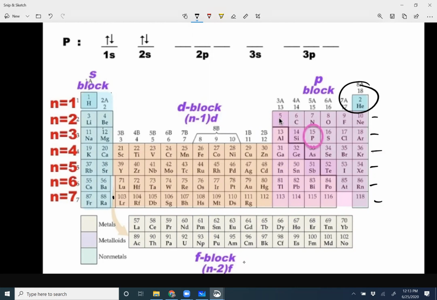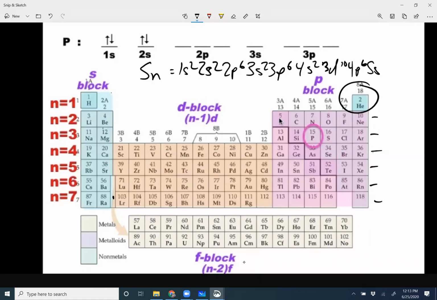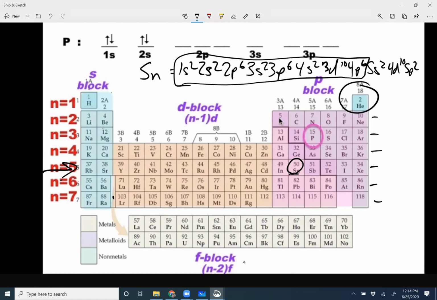So if we wanted to write tin, rather than writing 1s2, 2s2, 2p6, 3s2, 3p6, 4s2, 3d10, 4p6, 5s2, 4d10, 5p2 for tin. Tin is in the 5th row. So rather than writing all of this, that is krypton.